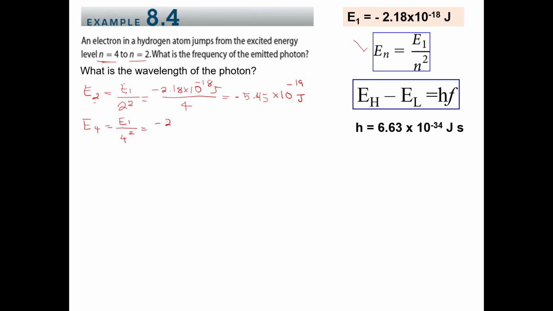Then negative 2.18 × 10 to the power minus 18 joules divided by 4 to the second, which is 16. If we divide these two values, you will get negative 1.36 × 10 to the power minus 19 joules.